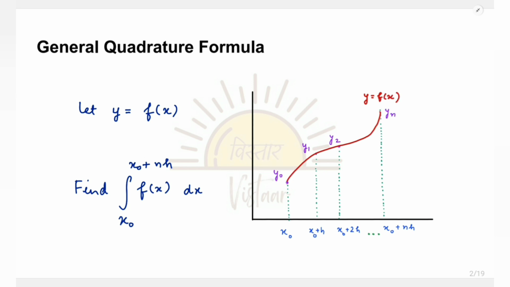Note that here the points y0, y1, y2 up to yn are lying on the curve y equals f(x), and these are equidistant points. So you can see that on the x-axis we have taken x0, x0 plus h, x0 plus 2h up to x0 plus nh. This equidistant property will also be used in the trapezoidal rule.